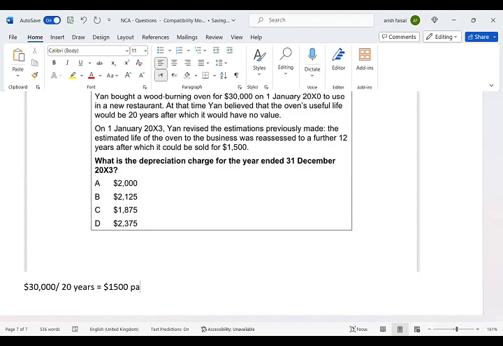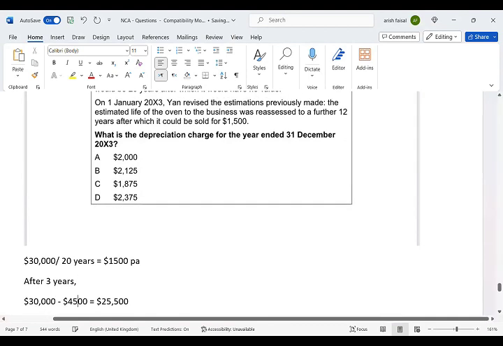Now, on 1st January 2013, so that's like 2010, 11, 12, after 3 years, the accumulated depreciation on this will be 4,500, and the carrying value will be 25,500. So this is the case after 3 years.